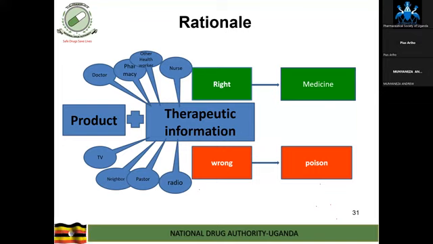Then what happens is the applicant makes the advert. One person will make posters, another person will want to make a billboard. So the authority cannot decide for you what kind of advert you should make.